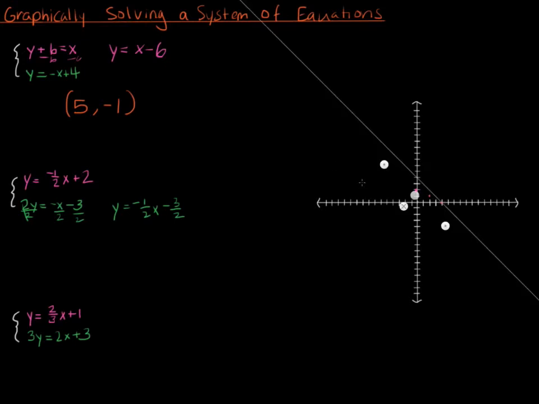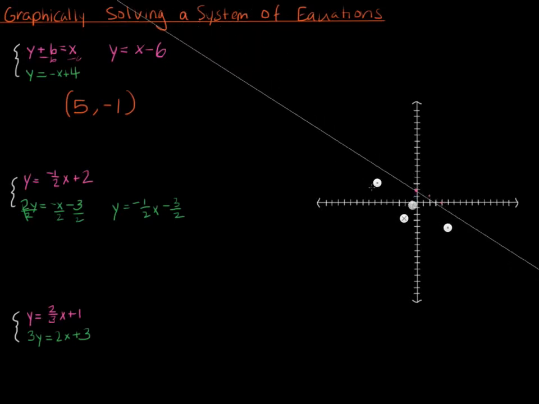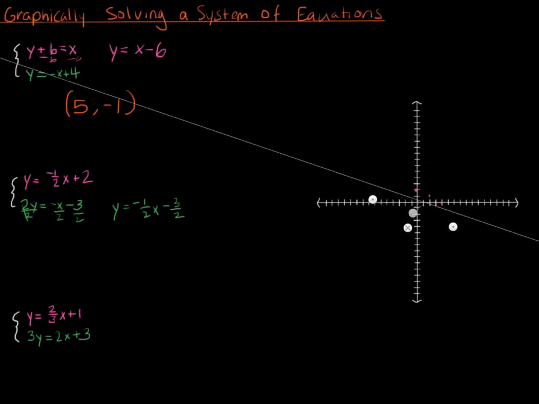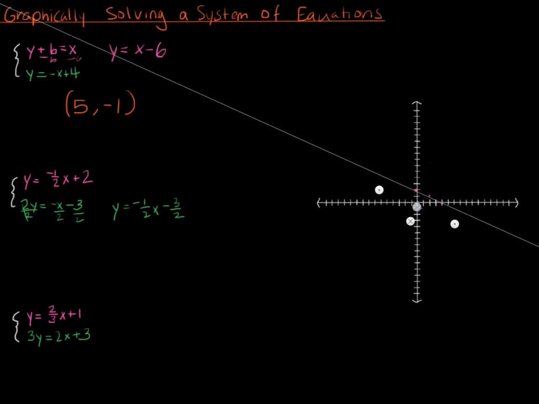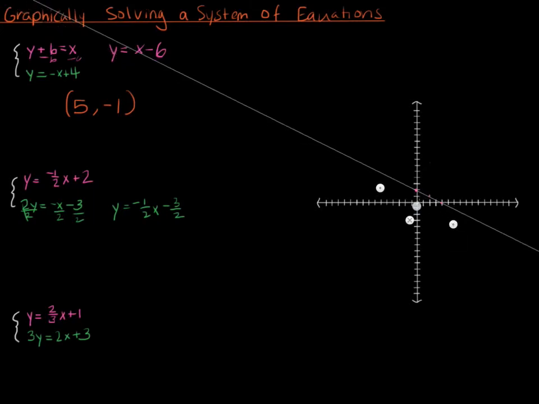So I'll use my ruler again. Okay, so this line is going to look like this, and this is y equals negative 1/2 x plus 2.